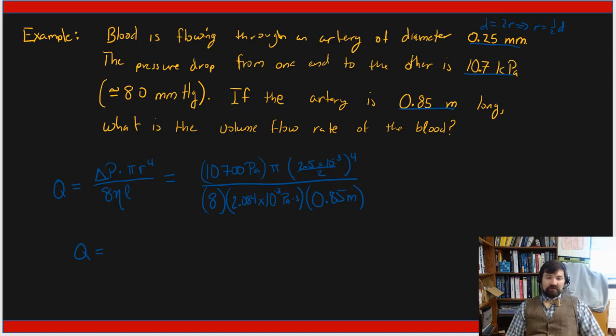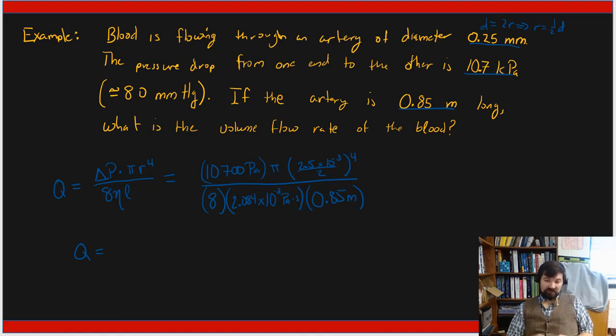All right. So we now have to put everything into the calculator. 10,700 times pi times 2.5 to the fourth power, divided by 2 to the fourth power times 10 to the negative 3 then raised to the fourth power. That's like times 10 to the minus 12.